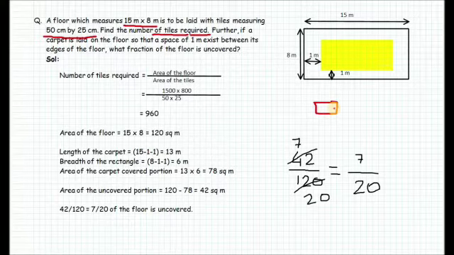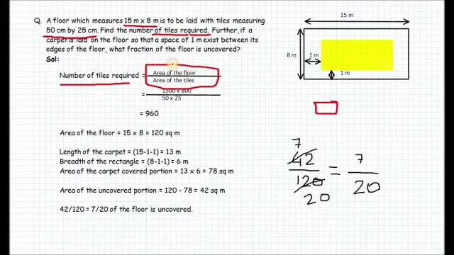Now the question is, how many tiles will you require? For that, we will find the area of the floor. If you divide the area of the floor by the area of one tile, then you will get the number of tiles required.